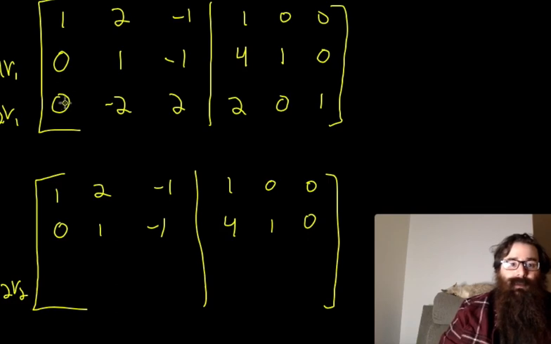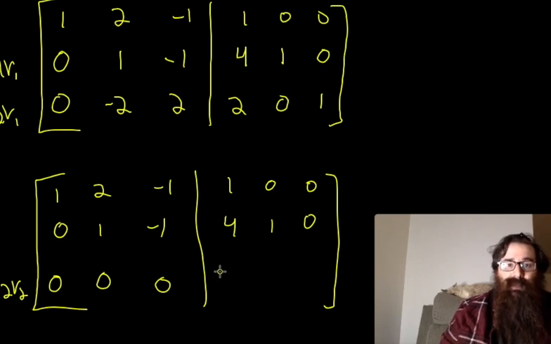Here in row 3, I get 0 plus 2 times 0 gives me 0. Negative 2 plus 2 times 1 gives me that 0 that I wanted. And then 2 plus 2 times negative 1 gives me another 0. And then if I continue on, I get 2 plus 2 times 4, so that's 2 plus 8, gives me 10. 0 plus 2 times 1 gives me 2. And 1 plus 2 times 0 gives me 1.